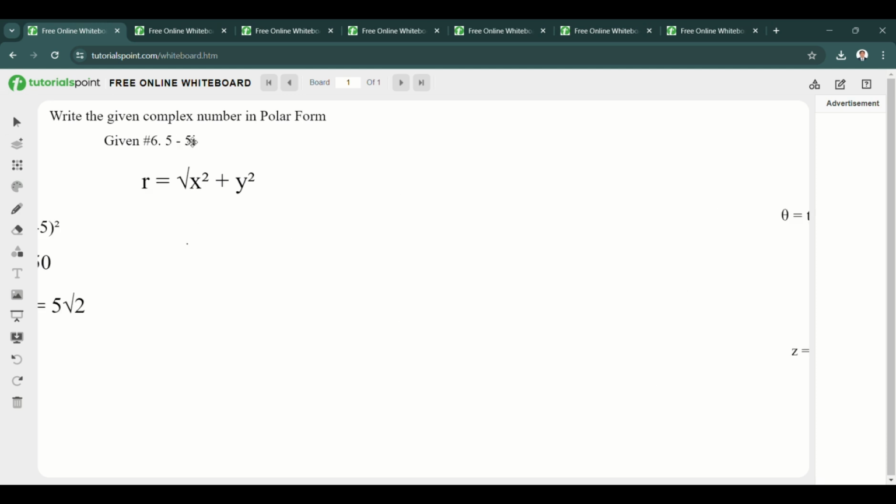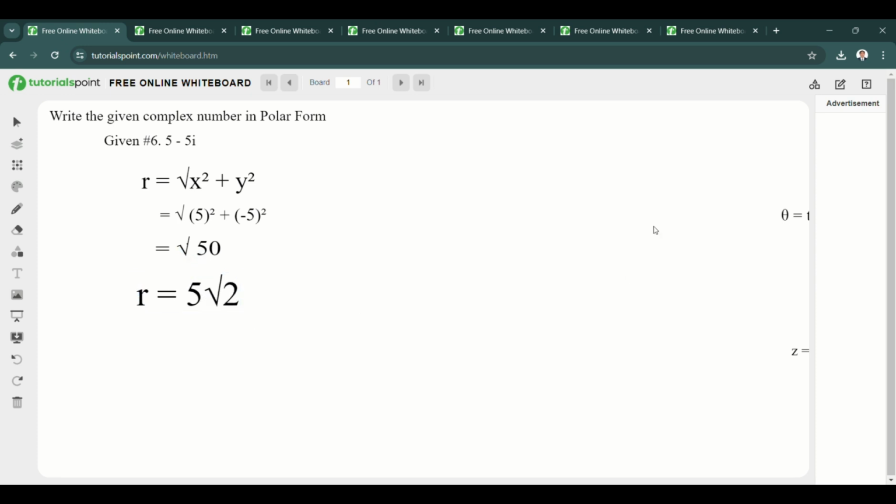Then next is number 6, which is also in the form of a plus bi, in the form of 5 minus 5i. So substituting the values in our formula, we have the square root of 5 squared plus negative 5 squared, which is equivalent to the square root of 50. And the square root of 50 is equivalent to 5 square root of 2.